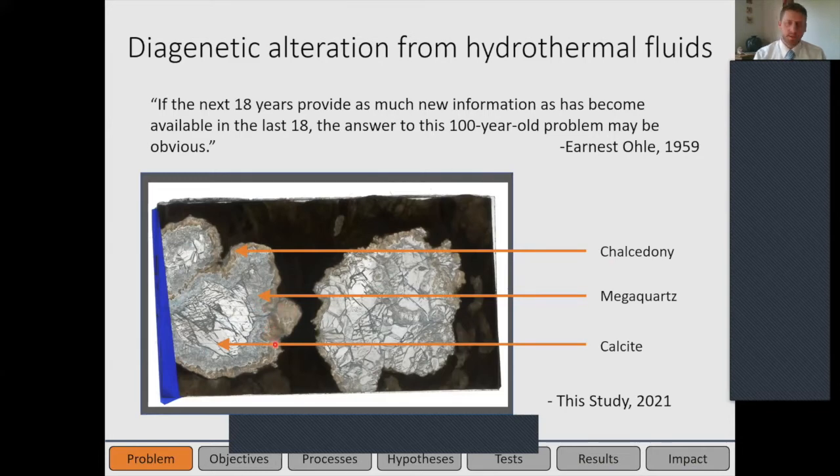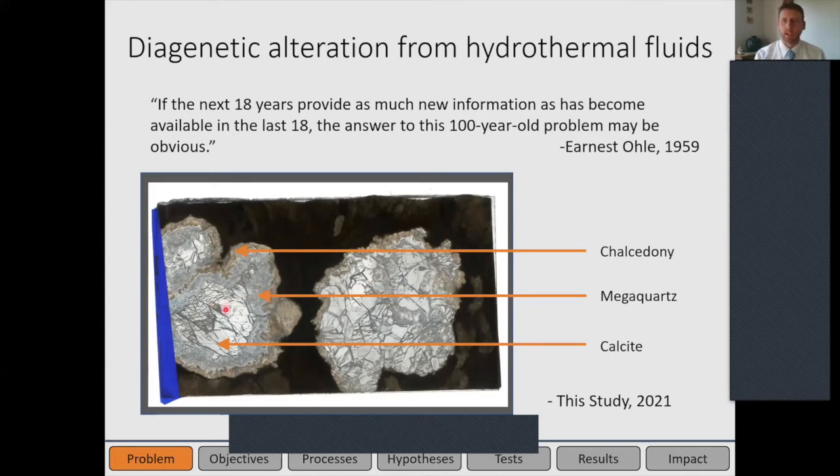So after anhydrite, we have partial replacement with quartz, chalcedony, and megaquartz. And in the wider paragenesis, this is after stylolitization and early silicification, as well as other early events of diagenesis.